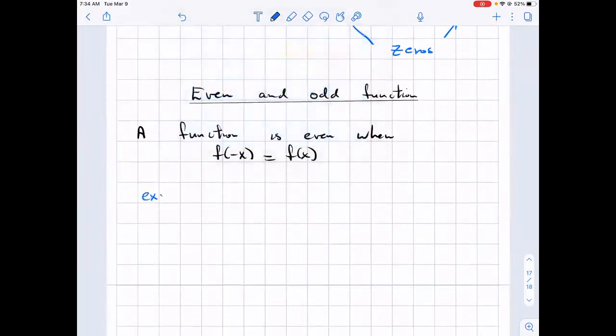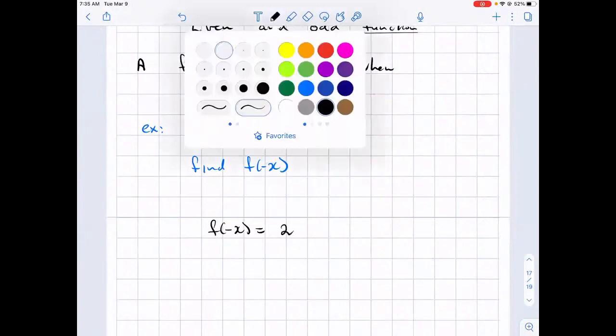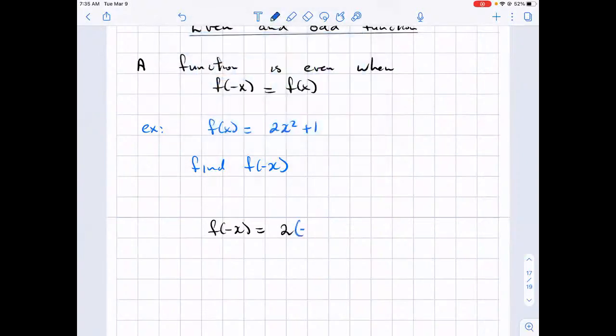Example, if I tell you that f of x is equal to 2x squared plus 1, find f of minus x. Well, f of minus x is equal to 2, but in parentheses, we put now minus x, squared, plus 1.